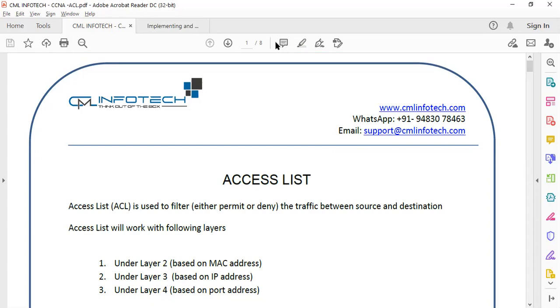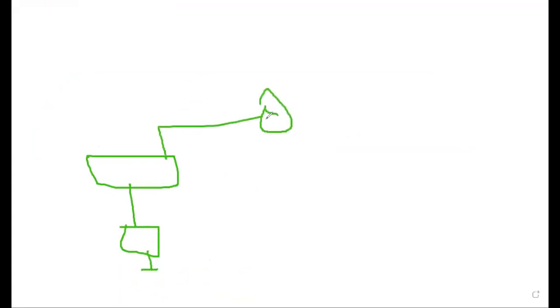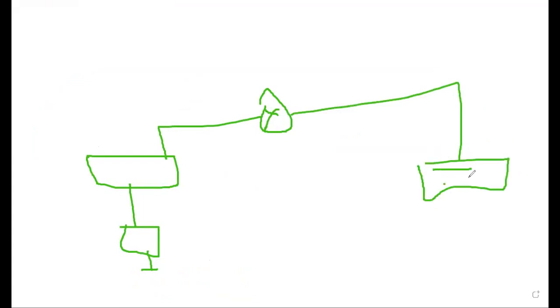Let's say you have a device connected between a network. As an example, let's say you have a switch with a few devices connected to outside, and here you have a switch with a device.